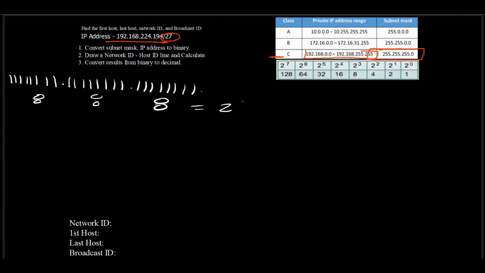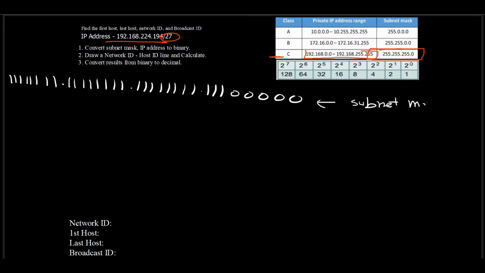So this is the default 24 for a class C subnet. However, we are looking for 27. So after 24, we add 25, 26, 27 ones, followed by zeros. So this is the subnet mask.